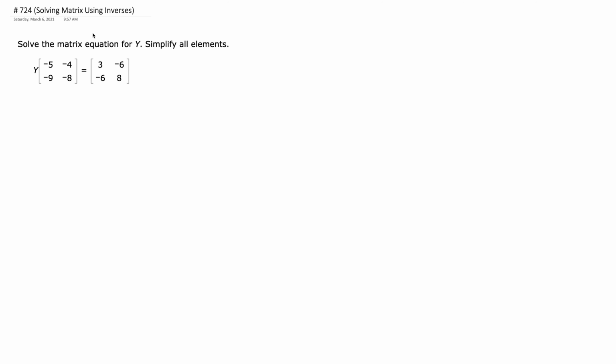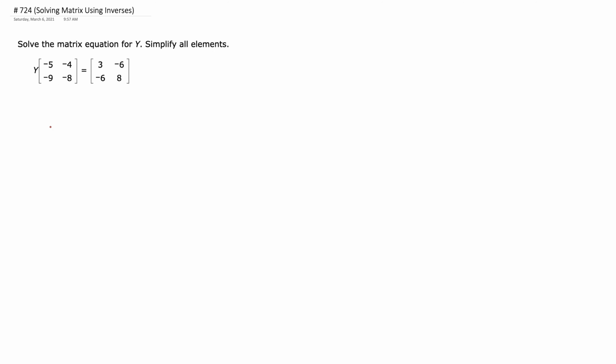Okay, so we're going to solve this matrix using inverses. First thing you need to notice is whether the matrix is to the left or to the right of y. So you see how you have y?